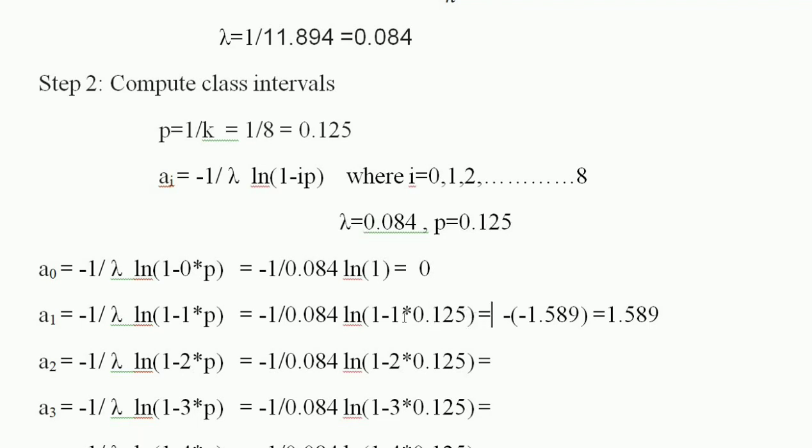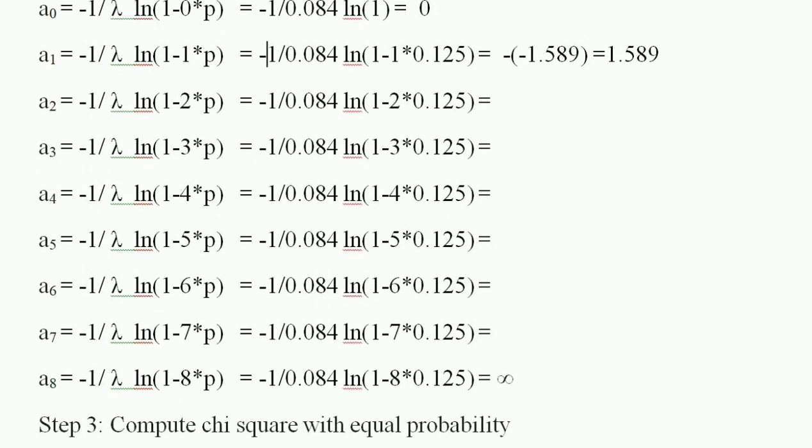If I calculate all these values, we are going to get a negative value, minus 1.589. Minus into the negative value, minus into minus, will become plus 1.589. This is how you are going to calculate the value of A1. Same like that, you are going to calculate A2 till A8.